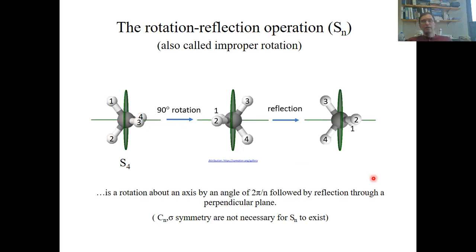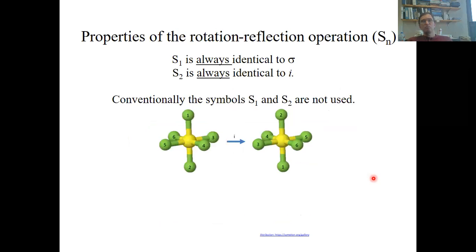So now the rotation reflection operation has also a number of properties. So one property is that the S1 symmetry operation is always identical to a conventional reflection.